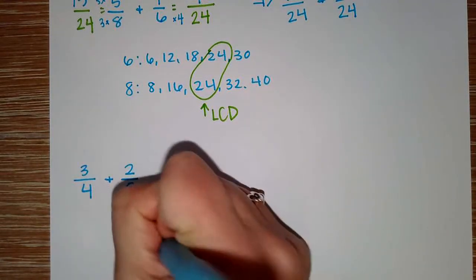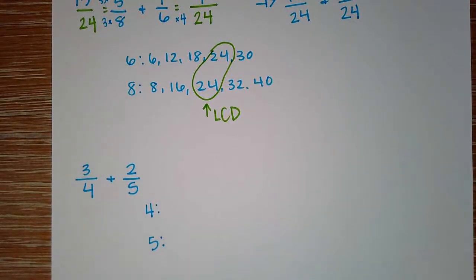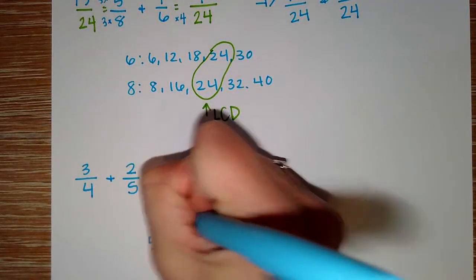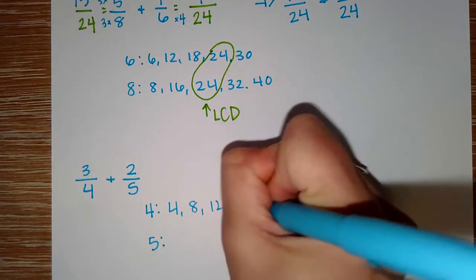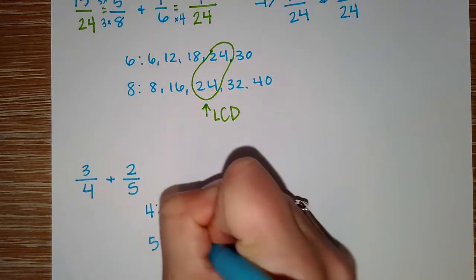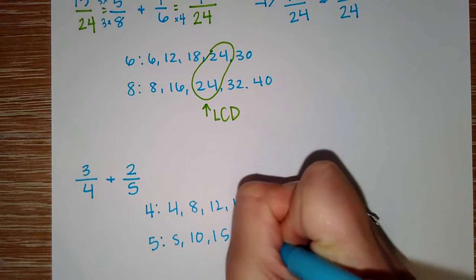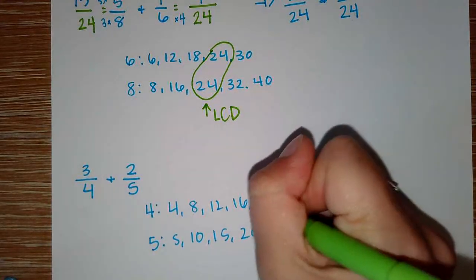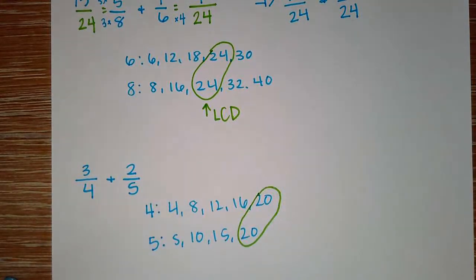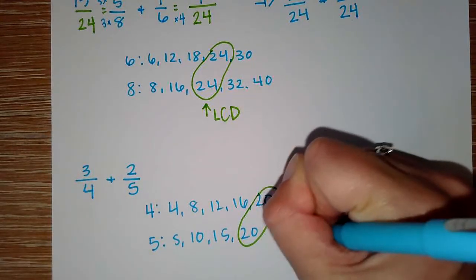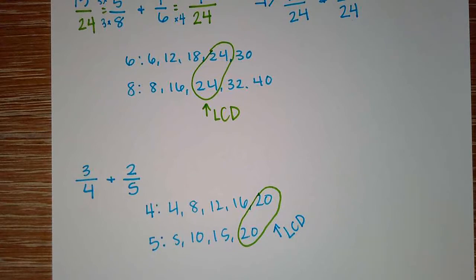So what is the lowest common denominator for 4 and 5? Well, for 4: 4, 8, 12, 16, 20; for 5: 5, 10, 15, 20, they both have a common denominator of 20. So my LCD is 20.